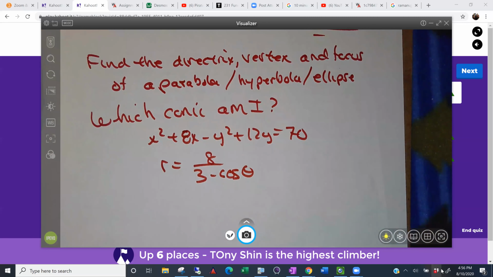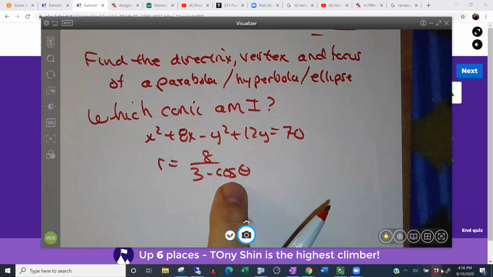Either way, you should be able to identify the conic section involved. First one's a hyperbola? Yes, first one's a hyperbola. Any idea what the second one is? An ellipse.